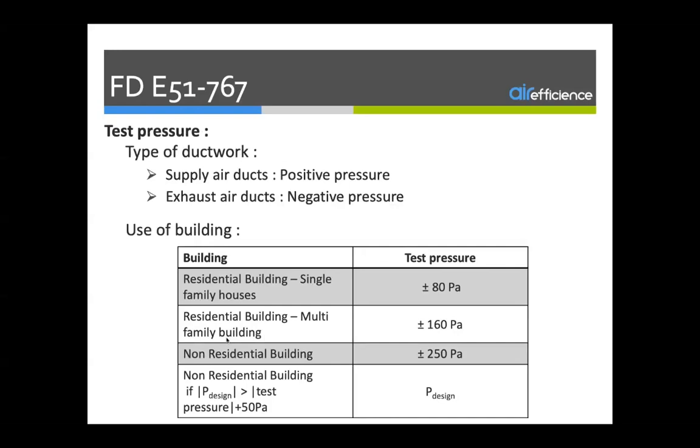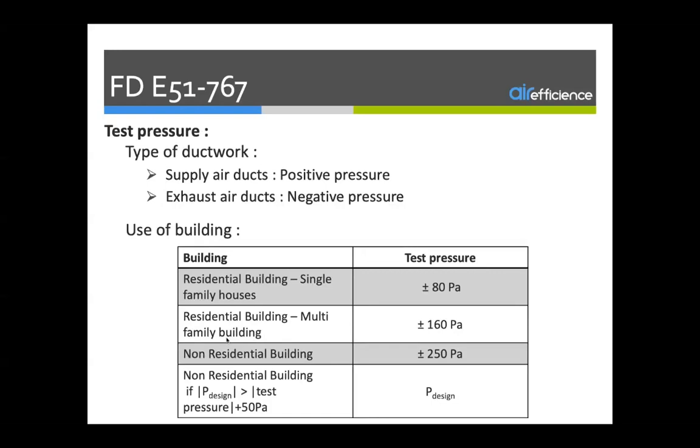Now about test pressure, it depends on the ductwork. If it's a supply air duct, the test pressure will be a positive pressure. If it's exhaust air duct, it will be a negative pressure, and the test pressure depends on the use of building.